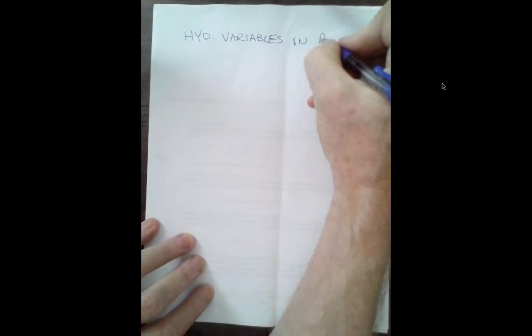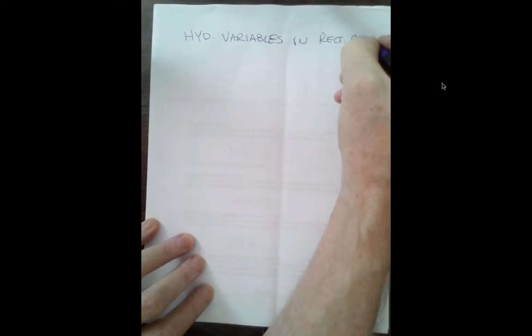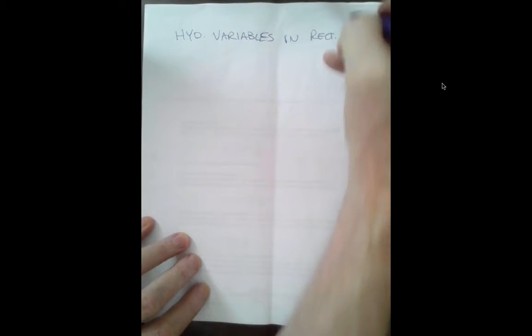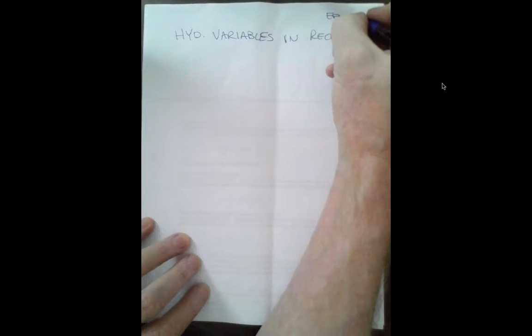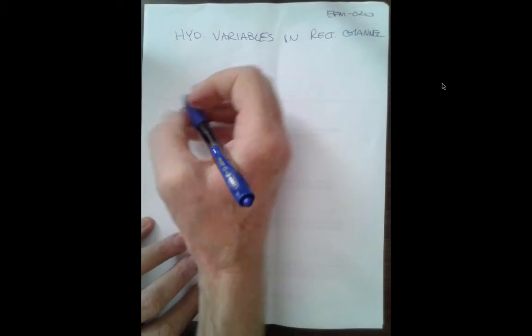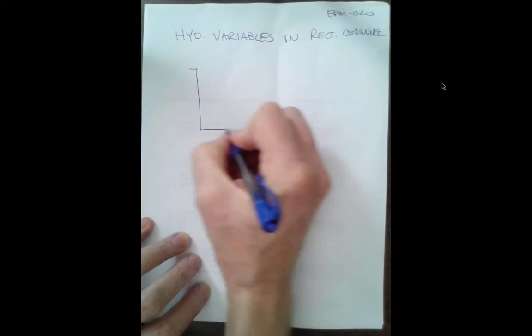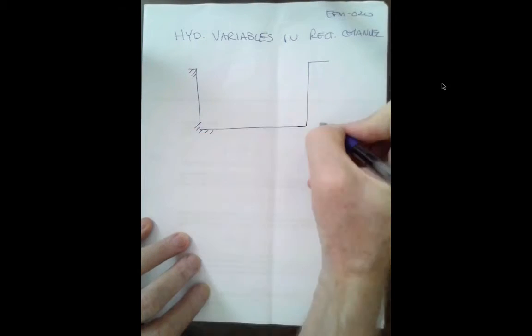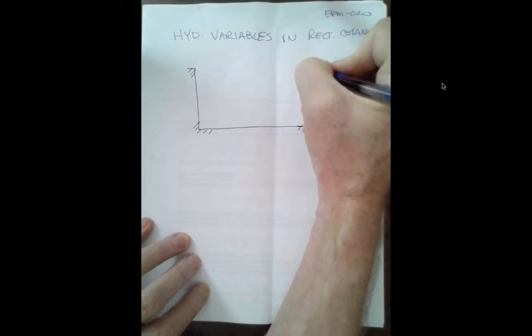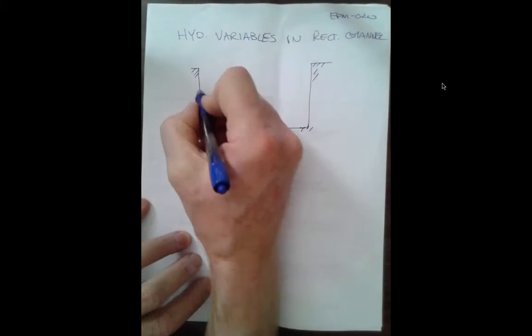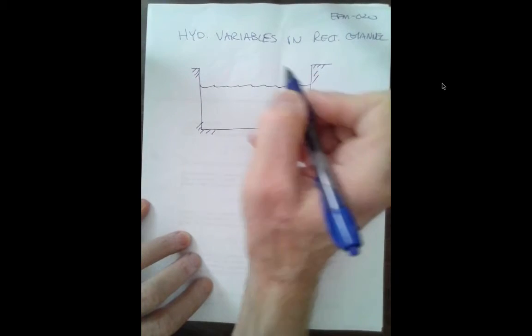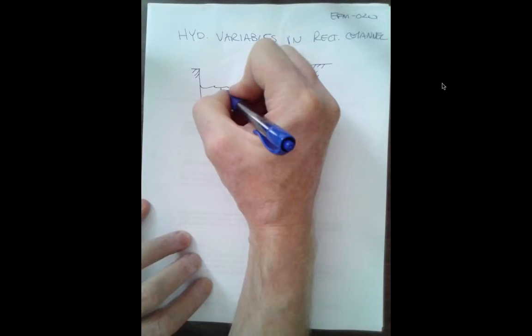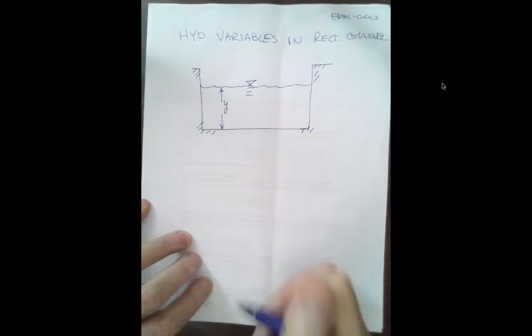In a rectangular channel. So here's my rectangular channel. It's supposed to be a rectangle. There's my sketch. I'll go ahead and put in wherever my water is. Flow depth is y.